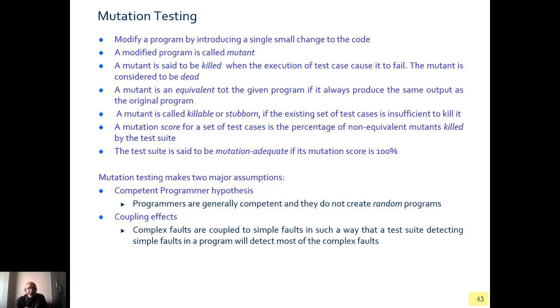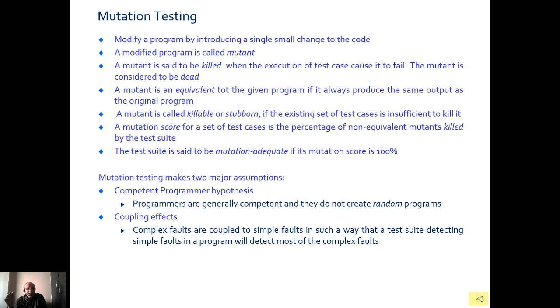So mutation testing, we will emphasize. Just see, a small change you make to the code, the modified program is called a mutant. A mutant is said to be killed when the execution of a test case causes it to fail. Once a mutant has been killed, it is called dead.